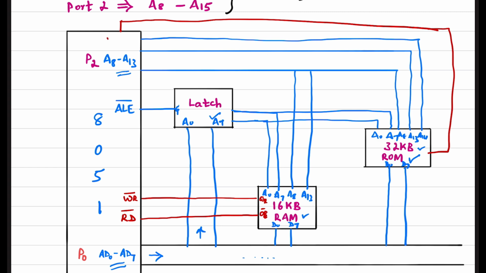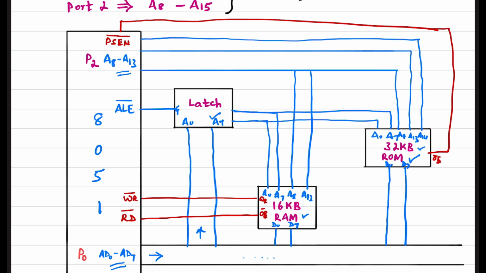This is active low, and it will be connected to the output enable over here. Whenever PSEN gives a low signal, the data reading from the ROM will be enabled.